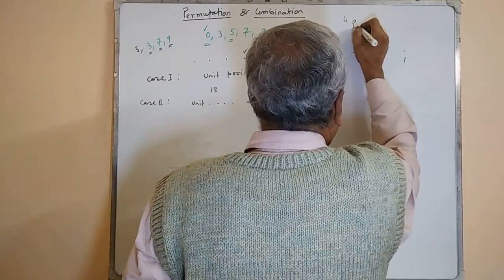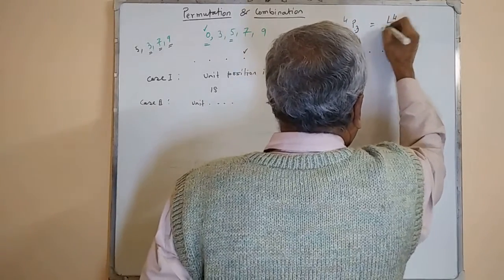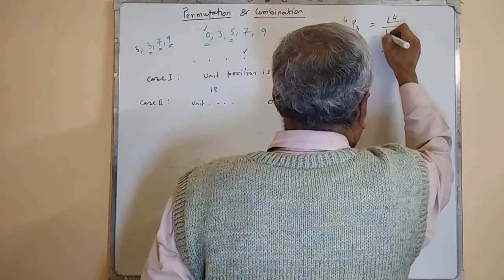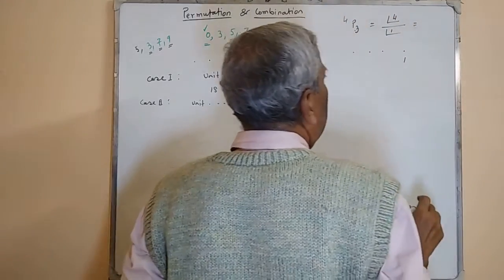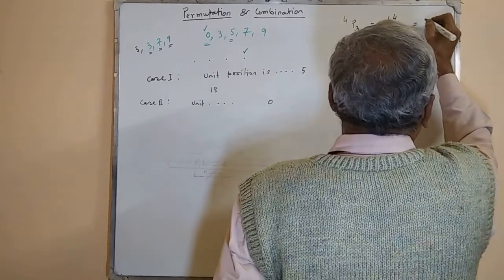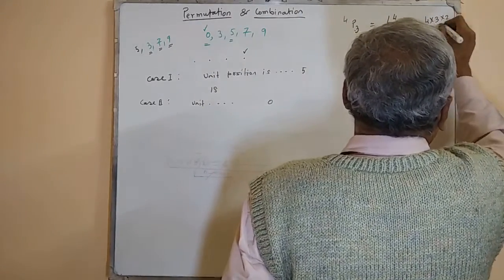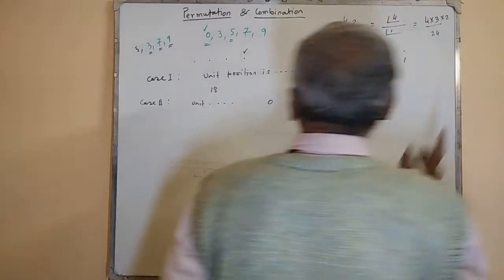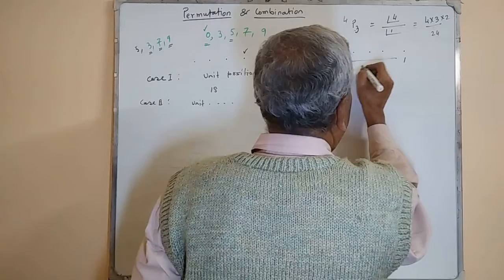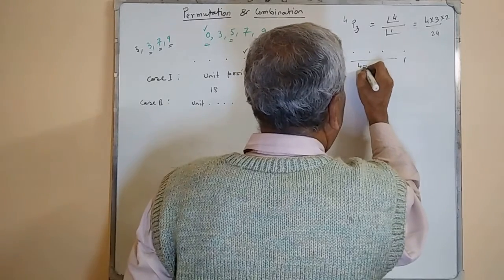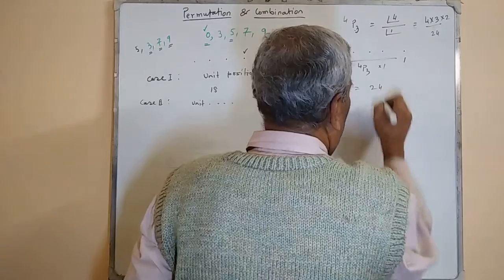So the total number of permutations is 4P3, that is factorial 4 divided by factorial 4 minus 3, which is 1, that is 4 into 3 into 2 into 1, 24. So these 3 positions can be filled up by 4P3, and this is by 1, so it is equal to 24.